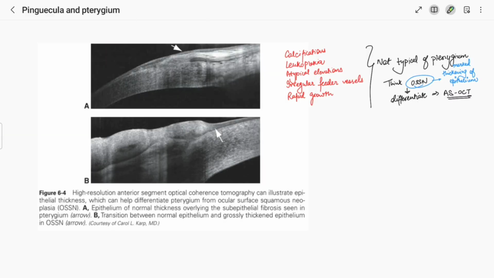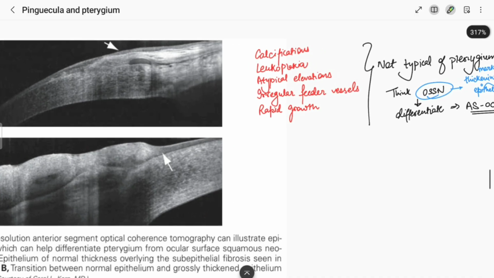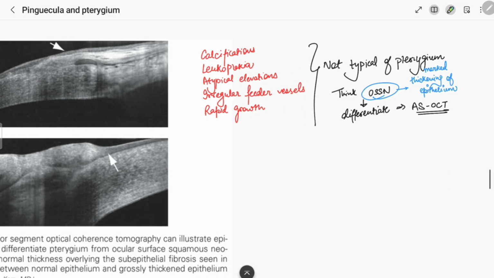Coming on to the last slide, as I told you, there are some atypical features of pterygium which we have to keep in mind in order to rule out OSSN. So if there are calcifications, leukoplakia, atypical elevations, or irregular feeder vessels, a very important point, or there's extremely aggressive rapid growth, then with these features we should think about OSSN. And in order to differentiate, we should go for an ASOCT.